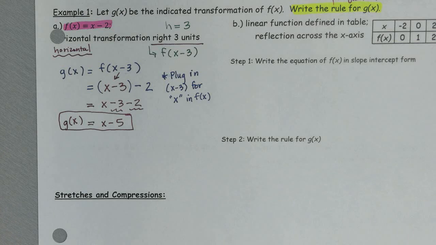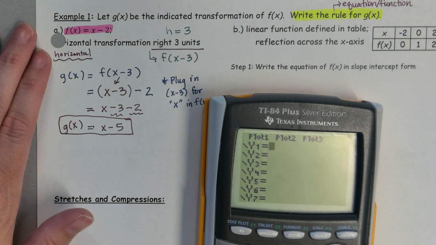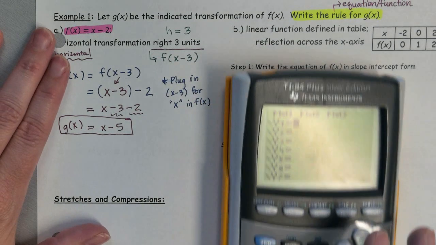And then if you guys wanted to double check and make sure that you did that correctly, do you guys think that you would know how to do that on your graphing calculator? So remember our y equals from yesterday? See how you have a bunch of them? That means that you can plug in multiple ones on your equation.